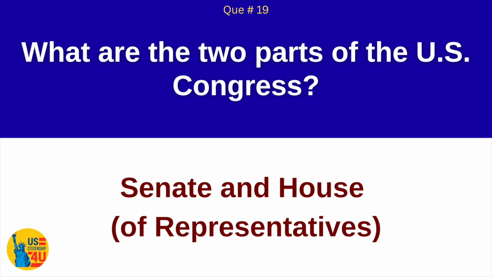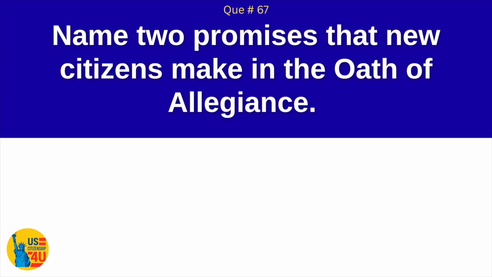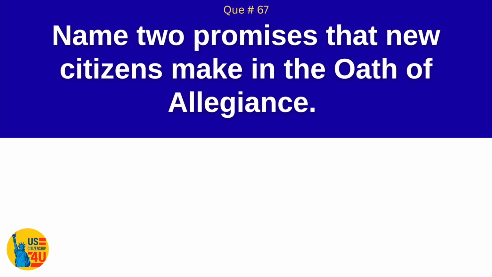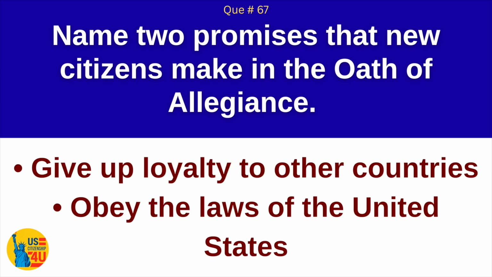Senate and House of Representatives. Name two promises that new citizens make in the Oath of Allegiance. Give up loyalty to other countries. Obey the laws of the United States.